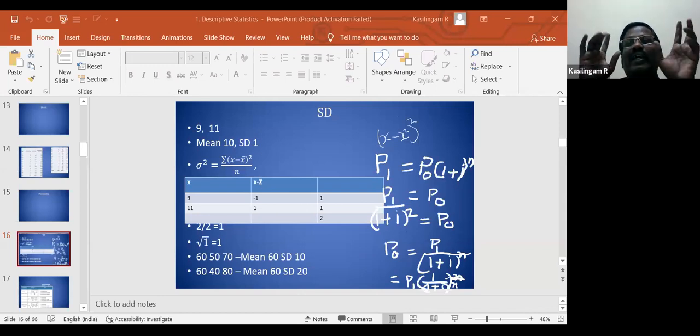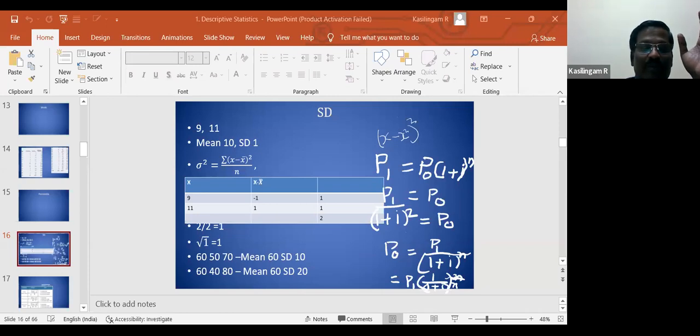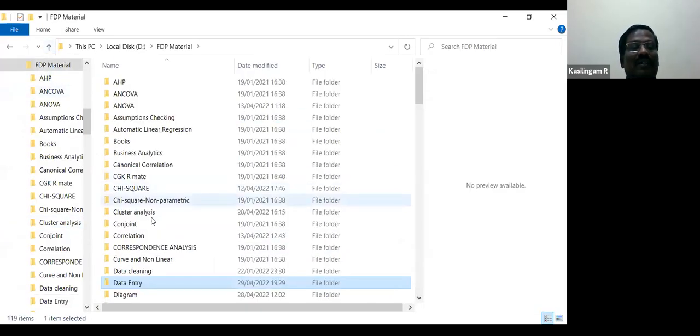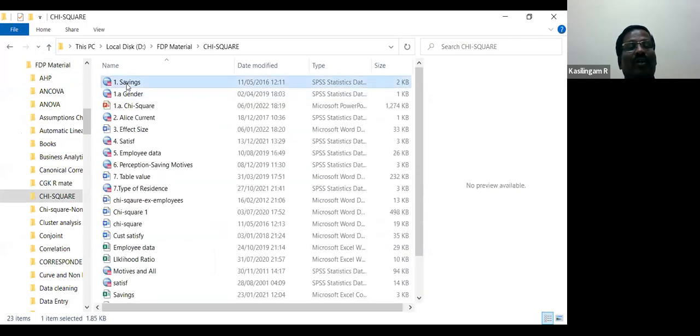So when you take two variables, what do you mean by variable? Let me show some example. Now I have two variables, one column variable 1, variable 2. If variable 1 is category, variable 2 also category, then you have to use chi-square test.